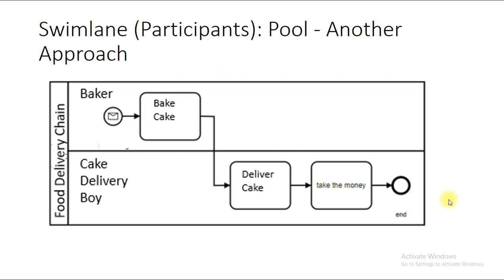So the cake delivery boy, upon getting the cake made by the baker, now has a task to complete, and that is to deliver the cake, and then the sequential flow gets to the end event. So that is another approach.